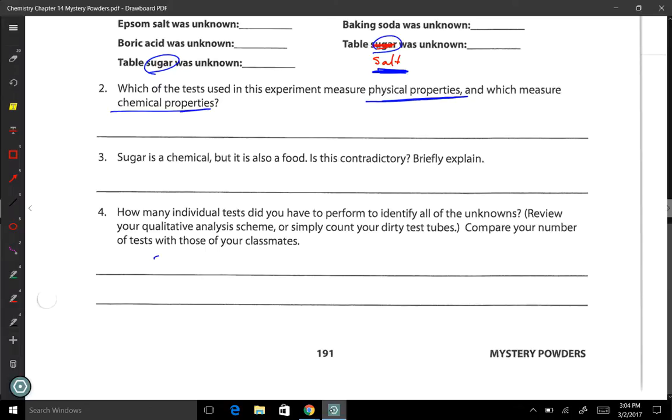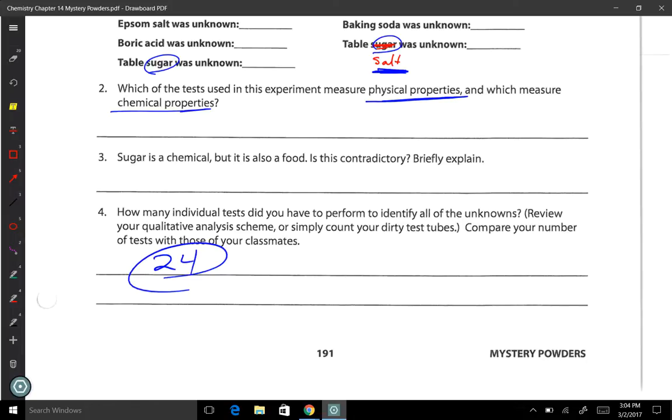Like I said, I have 24 on my sequence to identify all of the 8 that we have here. So you're going to see how many you had to do. Now make sure you do the tests you need to identify it. Among the people that did it yesterday, we had some cases where people did just one test, and that test left it open. It could have been any of 3, and they just said, well, there it is.